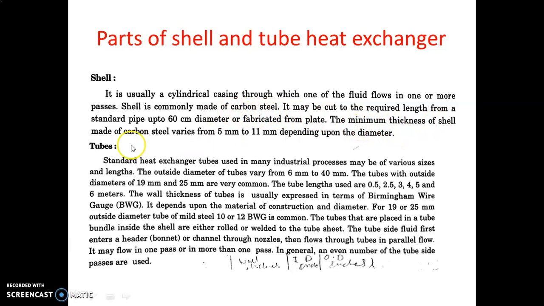The minimum thickness of the shell varies from 5 mm to 11 mm depending upon the diameter. So the common thickness used in the chemical industry is 5 mm to 11 mm.